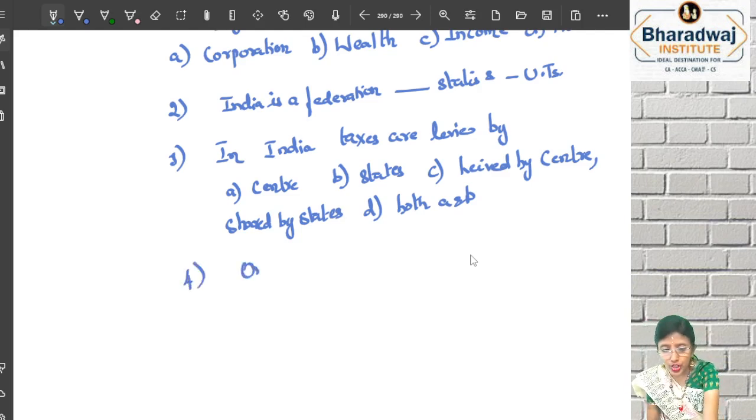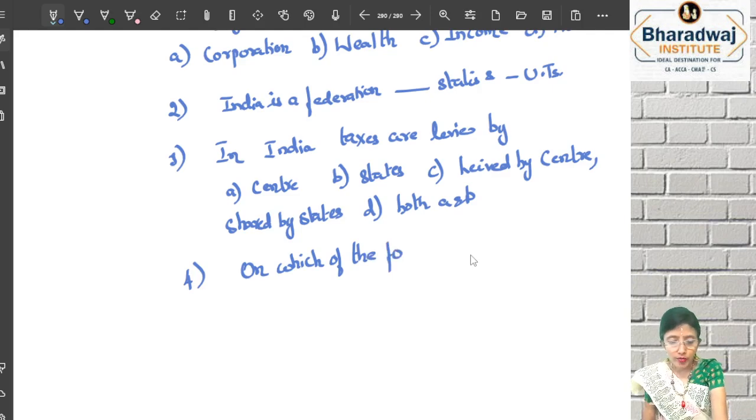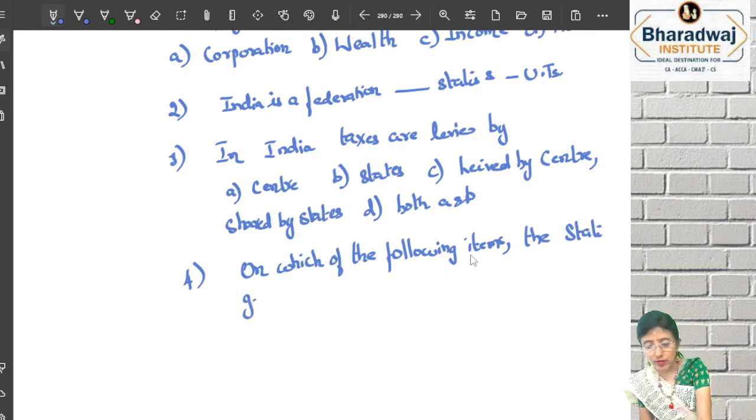Fourth one. On which of the following items can the state governments not levy taxes?